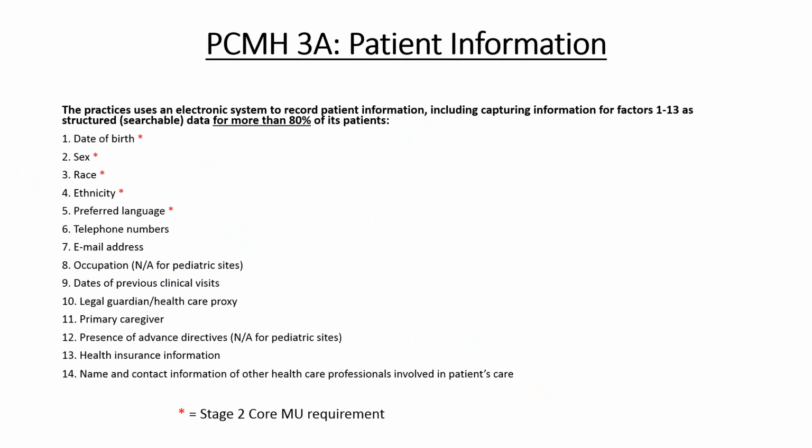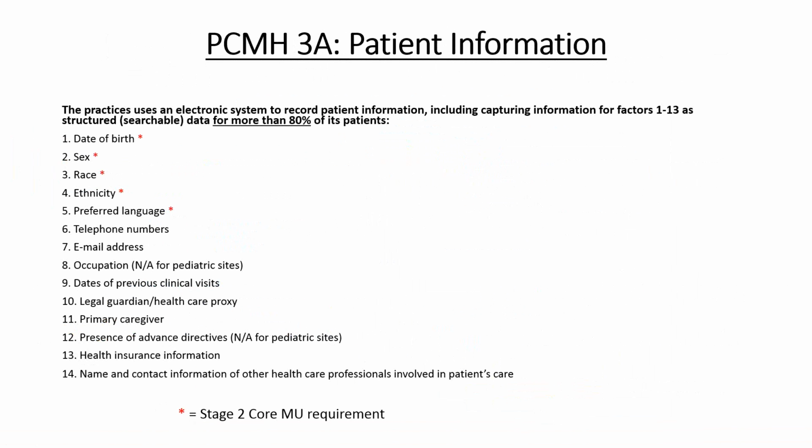Again, for factor number 5, preferred language, this is another area where a blank field doesn't just defaultly mean that their preferred language is English, putting in whether they refused or if you're not sure, but not leaving that blank. Again, for telephone numbers, email addresses, recording none if the patient doesn't have one.